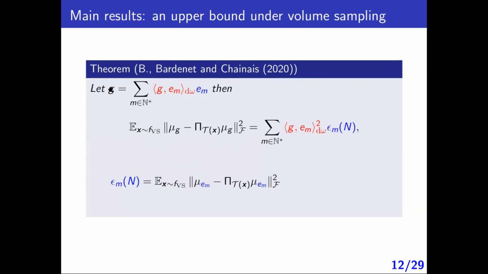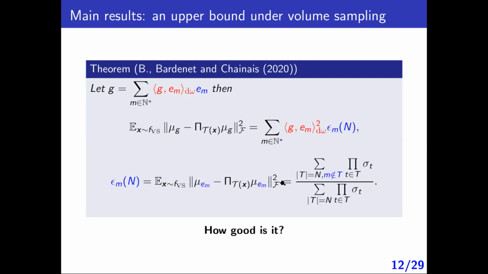So we express G in the orthonormal basis in L2, the orthonormal basis EM, and we have this spectral decomposition of the expected interpolation error. It is the sum with this coefficient square times this coefficient that are the expected value of the embedding of the eigenfunctions. And we have this tractable formula.